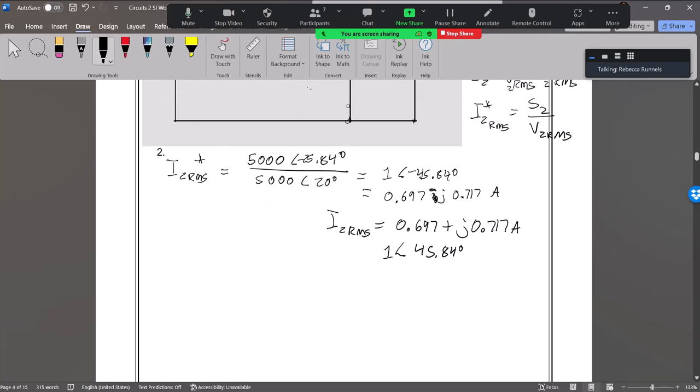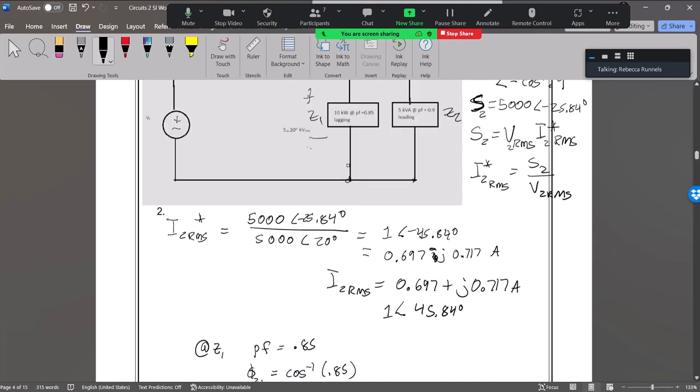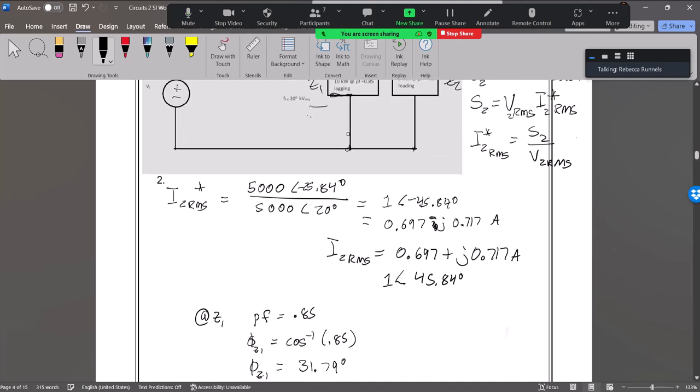Okay, so now I can look at Z1. I know that at Z1 the power factor is 0.85, and so our phase for Z1 is the inverse cosine of 0.85, which is 31.79 degrees, and that's positive because this one was lagging.